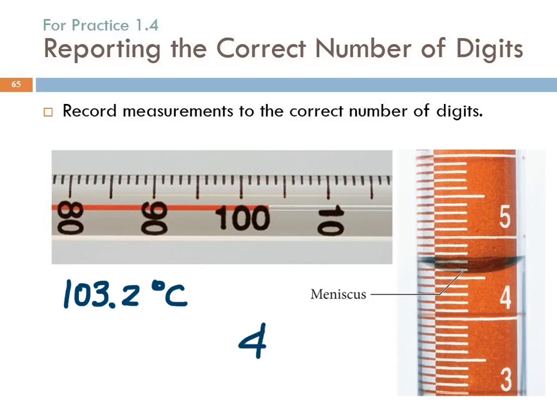So we are certain of the 4, it's 4.5 something. We are certain. Then we have to estimate the next one. So what do you think? 8. So 4.58, and then the unit. Any questions? This is a really, really important skill.